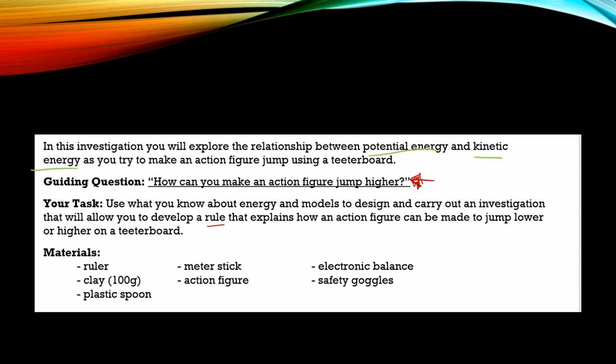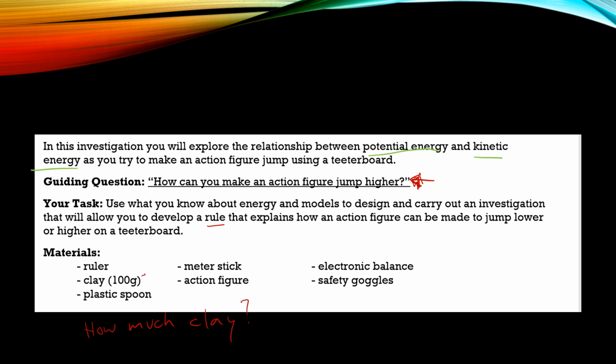In every scientific experiment, you have an independent variable and you have a dependent variable. So in this experiment, you have two basic independent variables that you're allowed to manipulate and play around with. One of them is going to be how much clay you use. And as you can see here, you have up to 100 grams to work with.